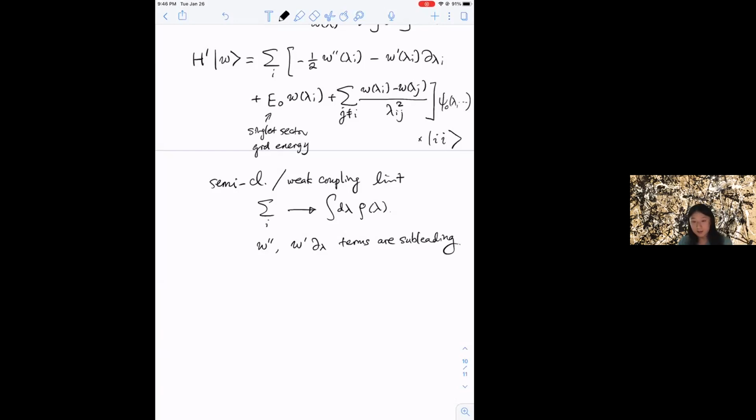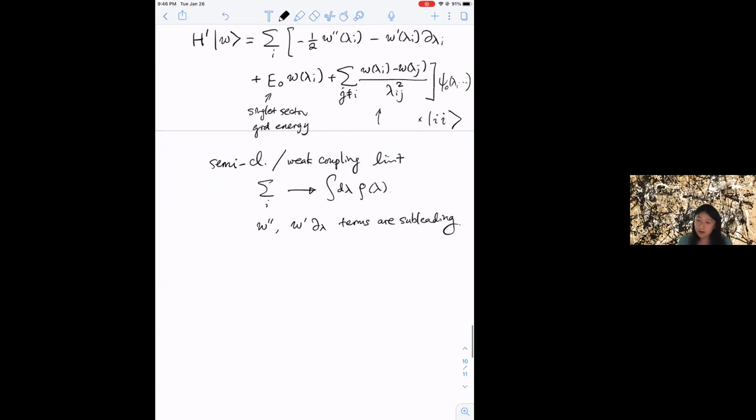What dominates is the term with the ground state energy, which we'll ignore, but mostly this last term, because there's a sum over eigenvalues here, and we're talking about the limit when eigenvalue density is very high. So this last term is what dominates. And furthermore, to leading order, we can just approximate the eigenvalue density rho by the ground state eigenvalue density.